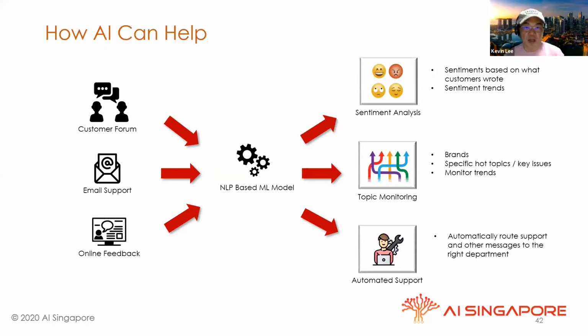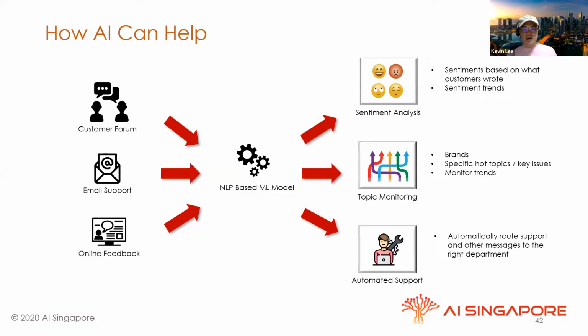Those are the known unknowns. It can also help you with the unknown unknowns, things that you don't know are already happening, such as unhappiness among your customer base on certain things. With topic monitoring, you will be able to pick those up, and then you can ask the machine learning model to display all those messages related to this upcoming trend.